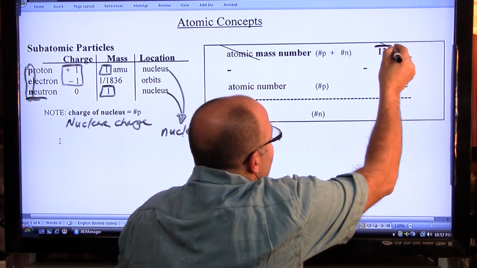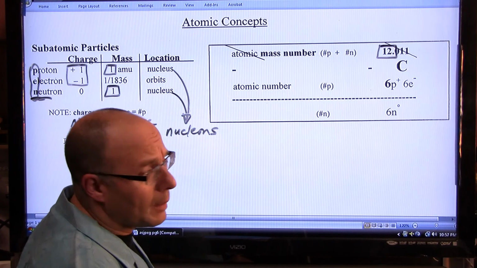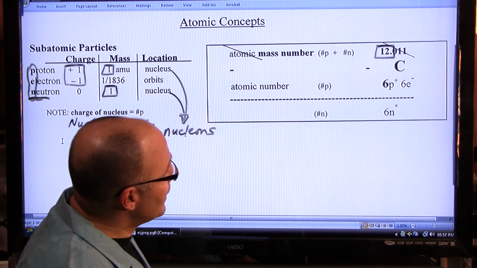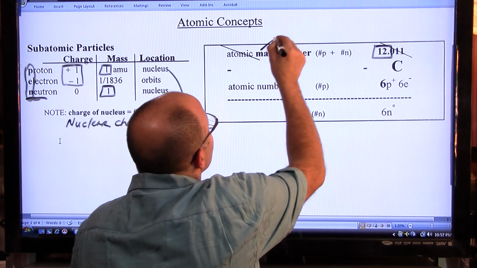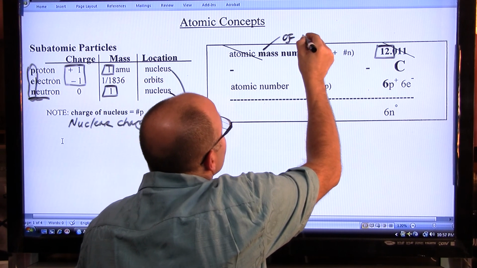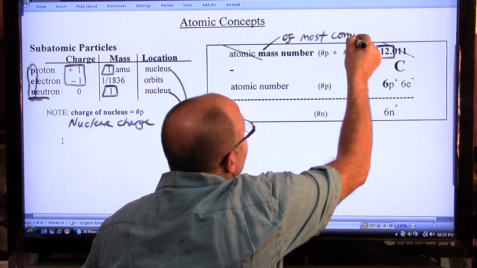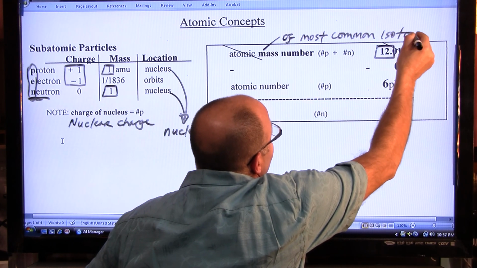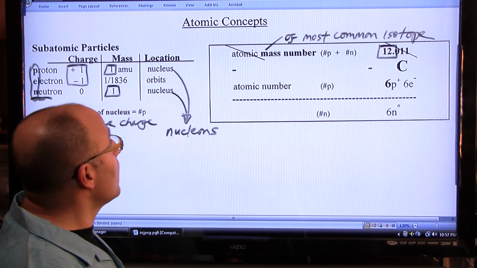That number, of course, becomes 12. What you now have is no longer an atomic mass, but a mass number. And that would be the mass number of the most common isotope of the element. And we'll talk about isotopes in a second. Think of it as the most common form of carbon.